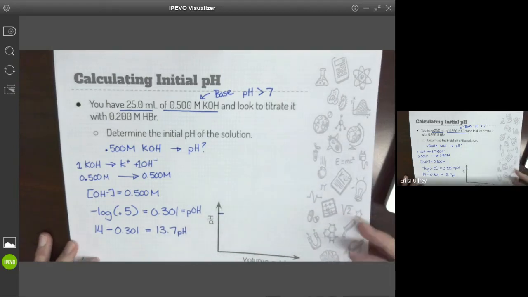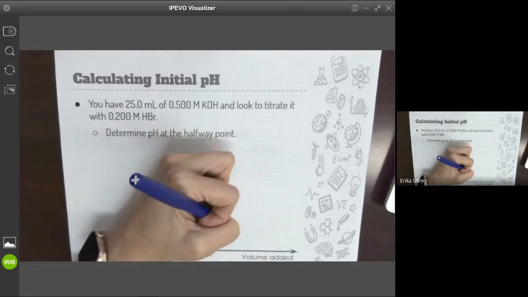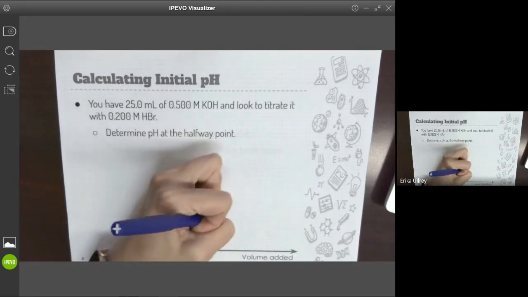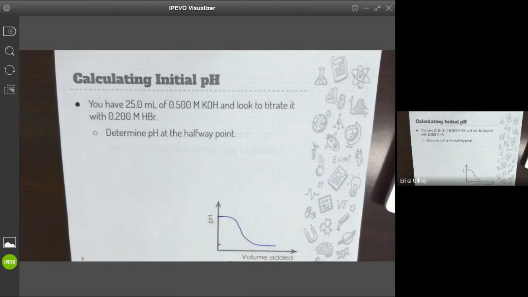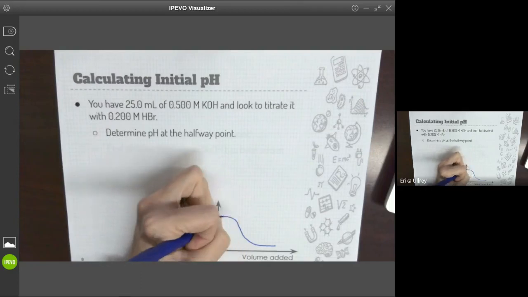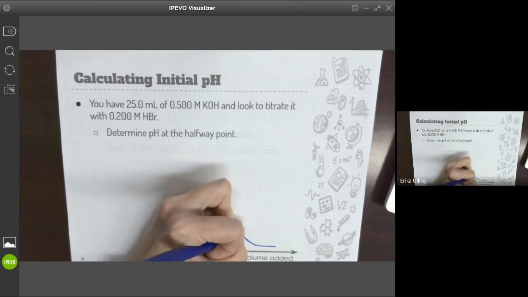So the next thing that we need to be able to calculate is determine the pH at the halfway point, okay? So we're starting with a pH relatively high, and it's going to go low. So this is kind of the shape that we have for acid-base. The equivalence point, I didn't do the best job of drawing the curve here. Equivalence point is going to be roughly here.